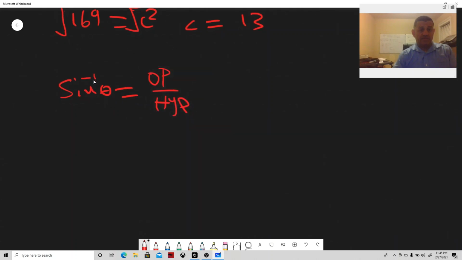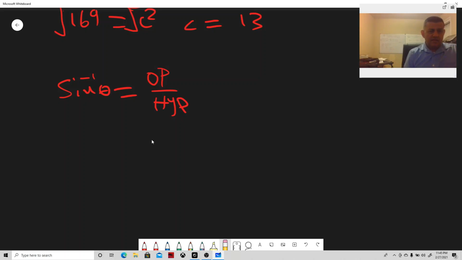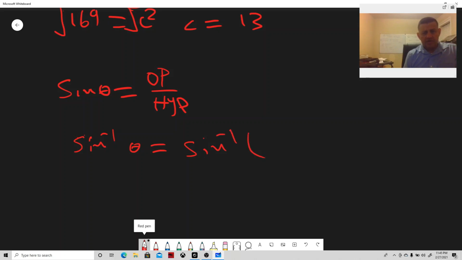Let me just do it step by step. So we have sine of theta, and then we take the inverse on both sides. So we do sine of theta, and on the other side opposite over the hypotenuse.